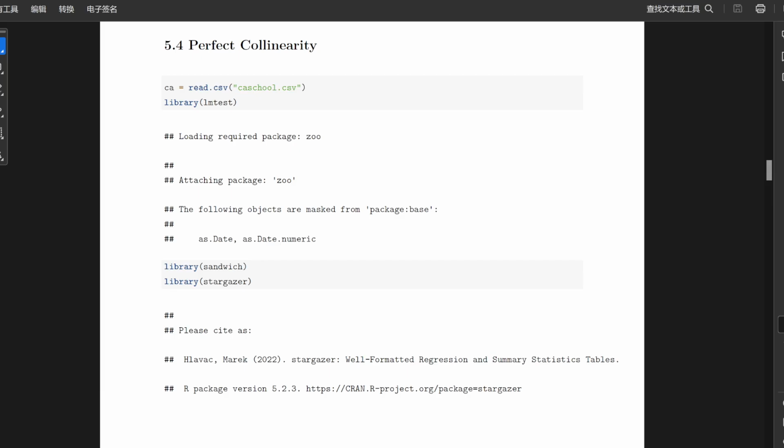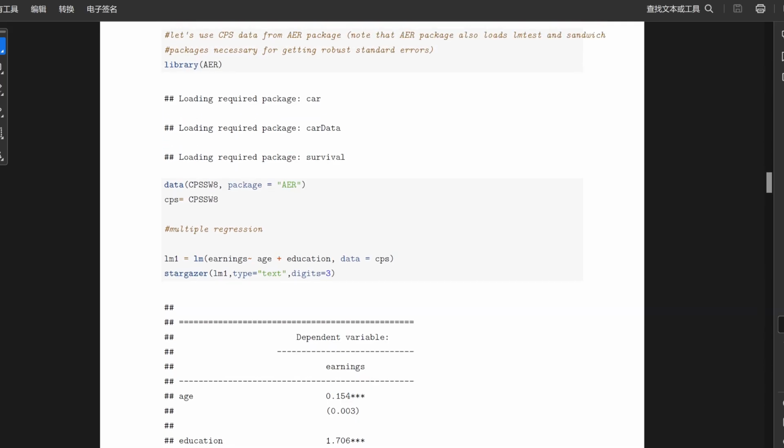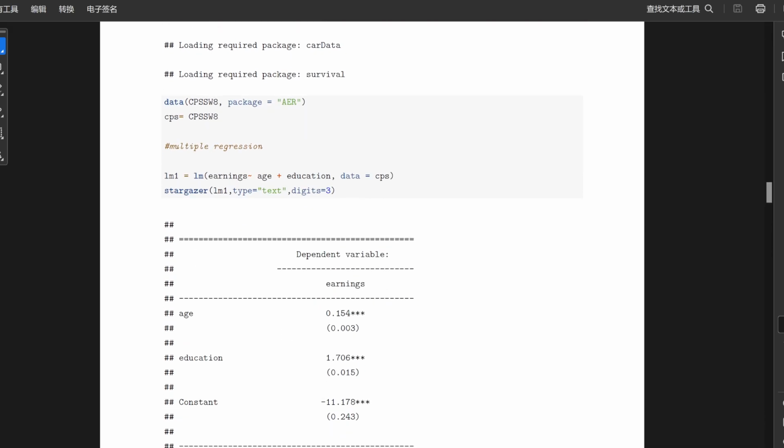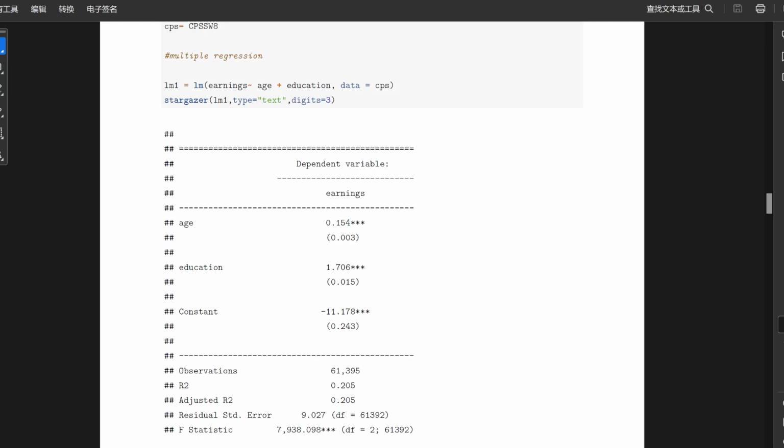So first you load the data and you load the packages: lmtest, sandwich, stargazer, right? And we use the AER data, so we get the CPS. We call the data CPS, right? And our first regression model is we regress earnings on age and education.